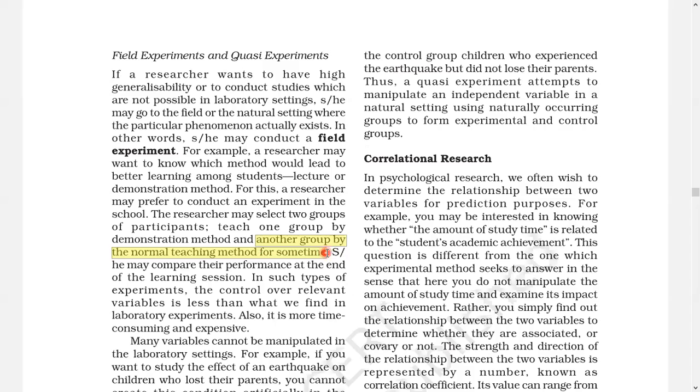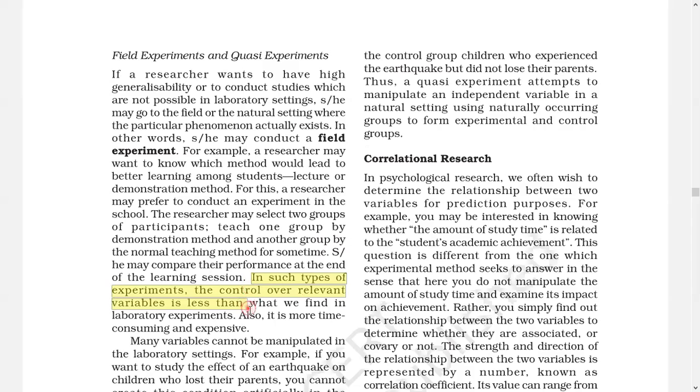Both are done in a field called school. But what are the two conditions here? One is the demonstration method, the other is the normal, regular one. For the demonstration group, they will be given special instructions. Here he compares their performance at the end of the learning session. Between these two groups, the normal method and the demonstration method, they can compare the results.